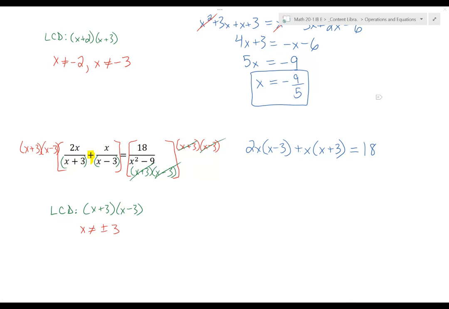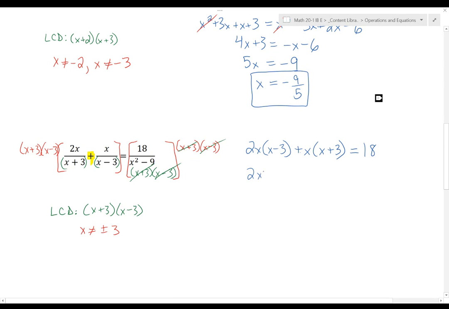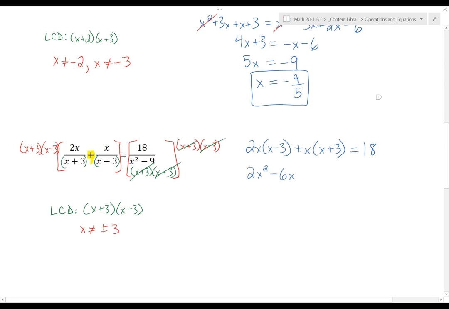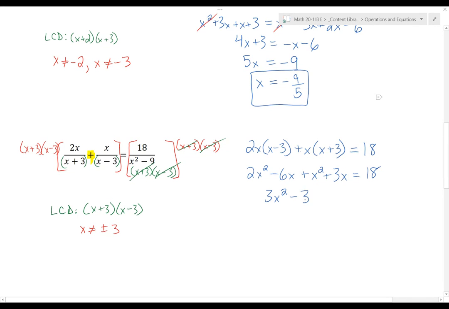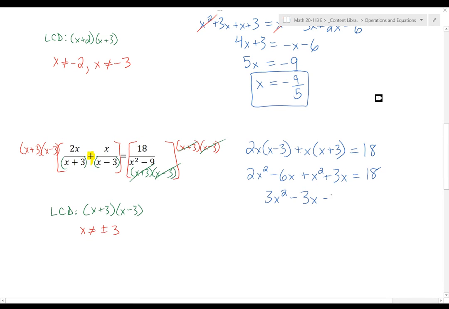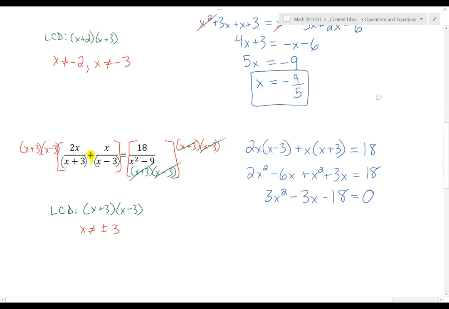I distribute this out, and I get 2x squared minus 6x plus x squared plus 3x equals 18, which gives me 3x squared minus 3x minus 18 equals 0.